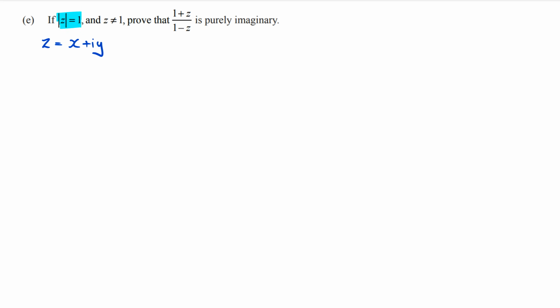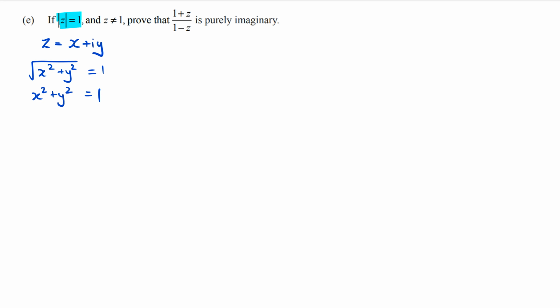So if the modulus of z equals 1, then we can say that square root of x squared plus y squared, because that's the real part and the imaginary part, equals 1. So then we can rewrite it as x squared plus y squared is equal to 1, because 1 squared is just 1. So these are all the information that we have.